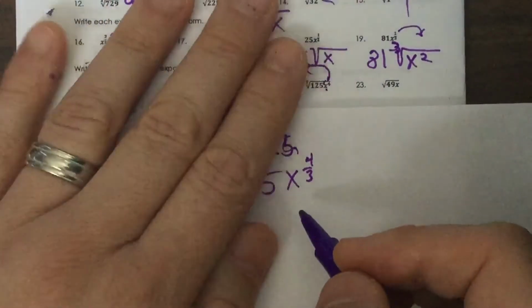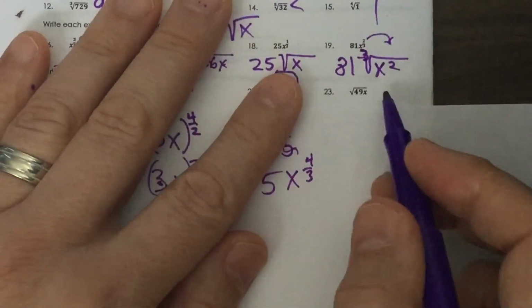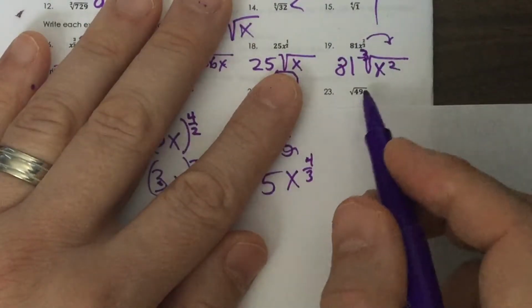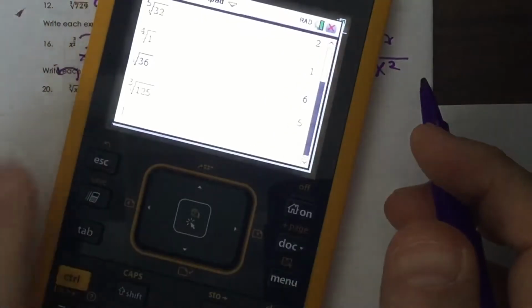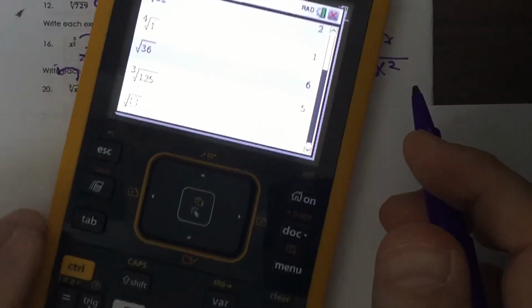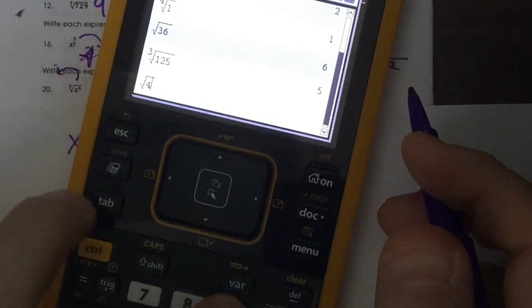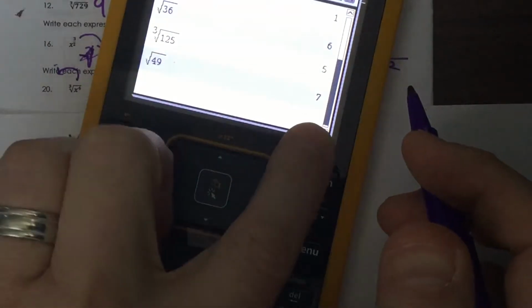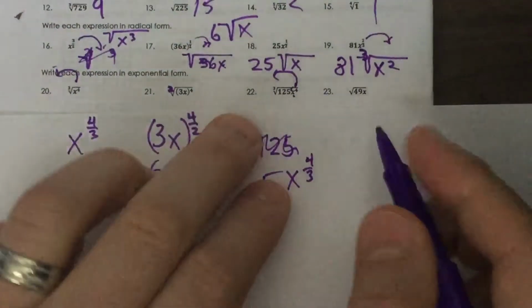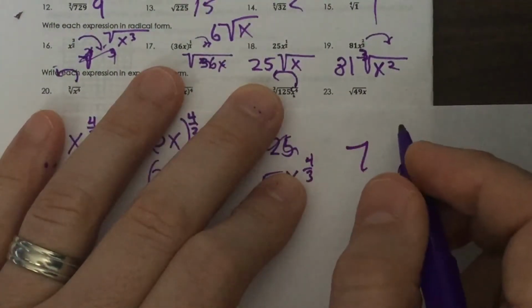Okay, number 23, square root of 49x. Again, we can do the square root of 49 part in the calculator. Square root, I did control x squared to get the square root button. 49, most of you may know it's going to be 7, right? So we have 7 square root of x.